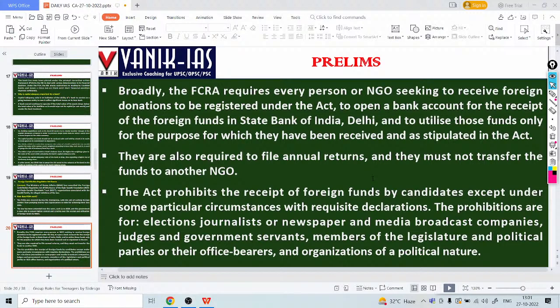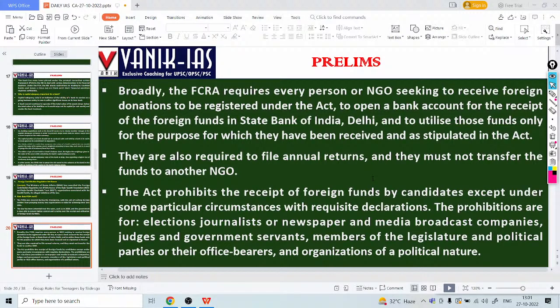Fine, they have to keep that fund, or they should spend it for their activity for which it has been given to them. They should not hand it over to another organization or another NGO.